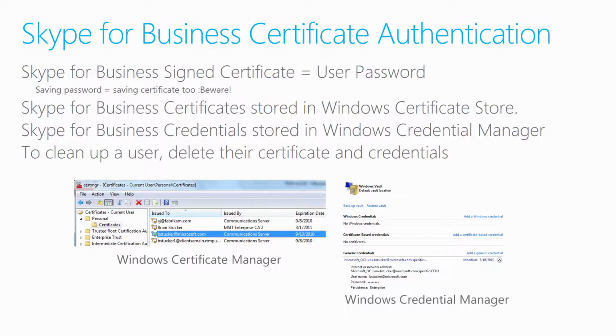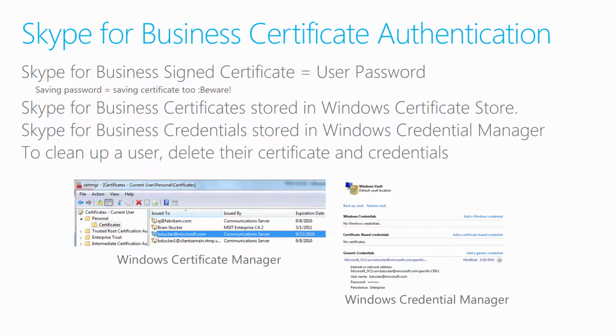You can see this certificate in the certificate store. So if you open up an MMC and then add in the certificates snap-in and go into the personal store, then you can see this certificate. And that's what we can see here on the left screenshot, where we have the certificate manager in an MMC.